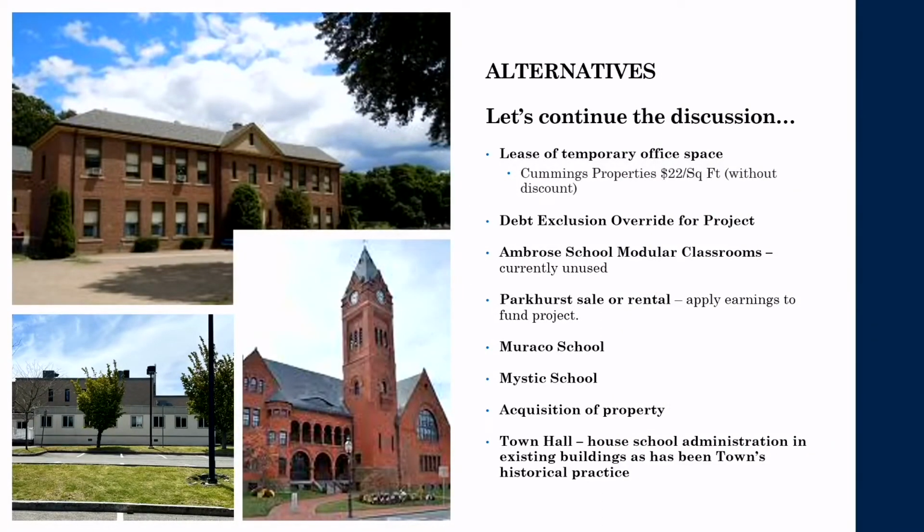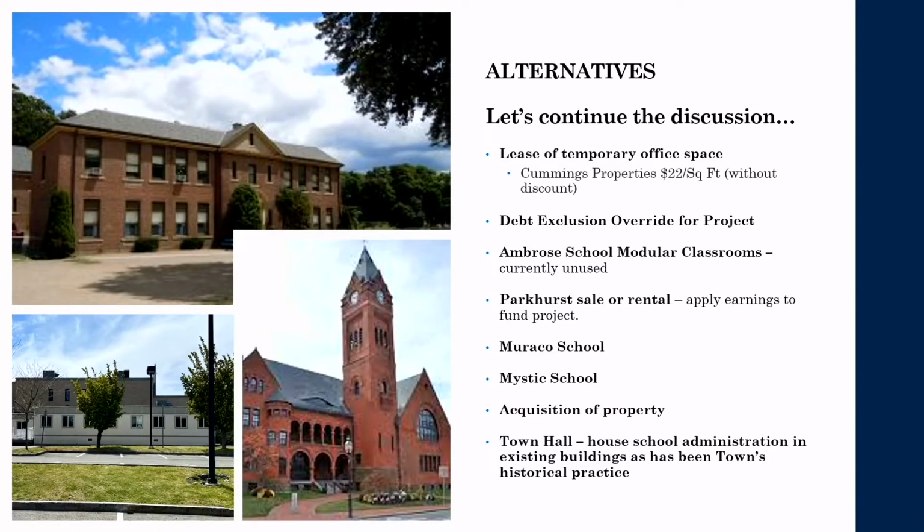So, as you've heard, the preferred option for Article 26 is to relocate central office. We believe there are other options that would make Parkhurst available as total swing space for the Lynch community, which is something we think is important. There's lease of temporary office space. Cummings Properties has offered $22 a square foot, and that's before any discount given the nature of the project, which we know Cummings is extremely generous and charitable.